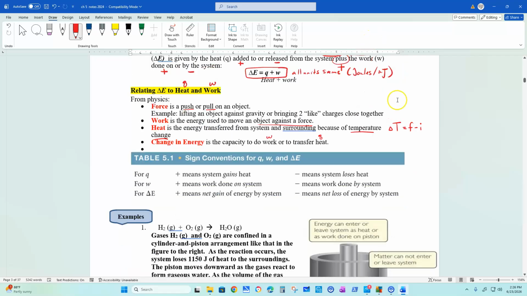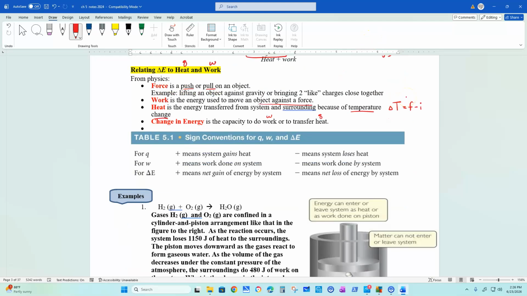So as I said, you can have positive and negative values, but be very careful with the wording. If your Q is positive, that means your system gained heat. When you start looking at these boxes, you're going to get an arrow that looks like it's coming in, and the box represents the system. So in that system, it's gaining heat from the surroundings.